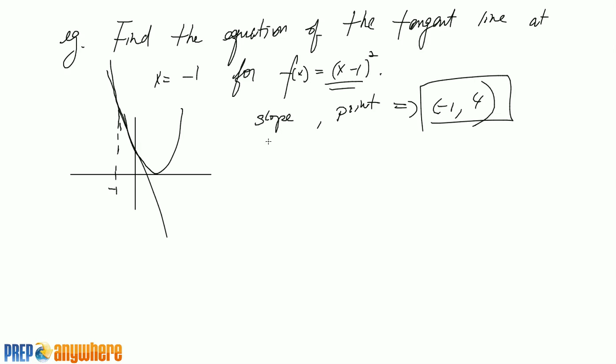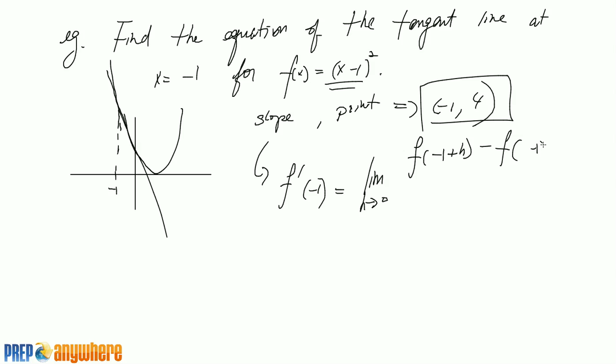To get the slope is something that we have to get from the derivative. So it's f prime at -1. So let's follow the definition. This is the limit as h approaches 0, f at -1 plus h minus f at -1 all over h.